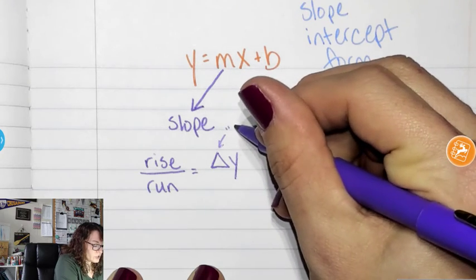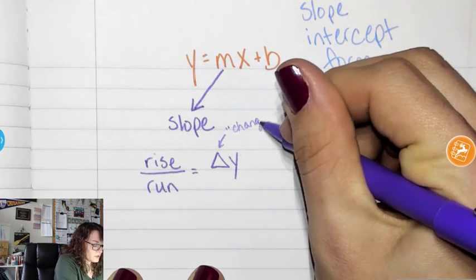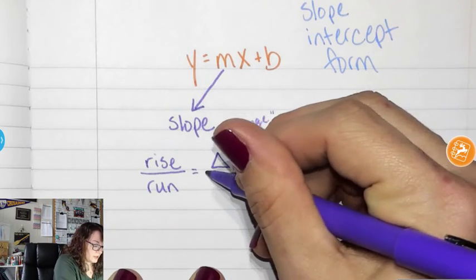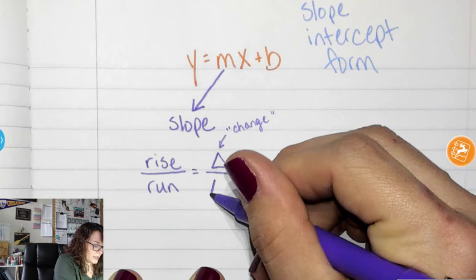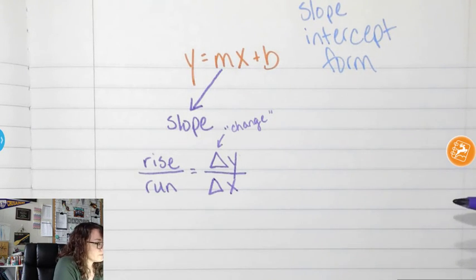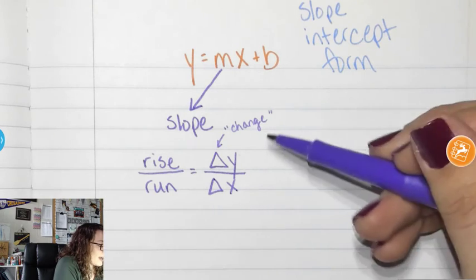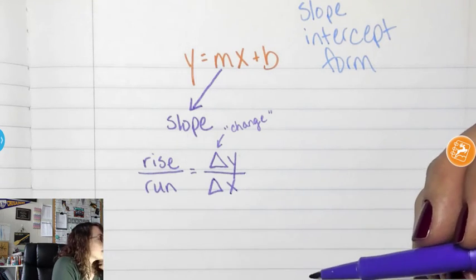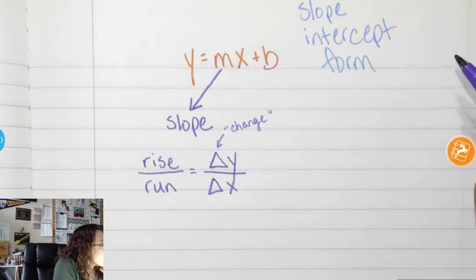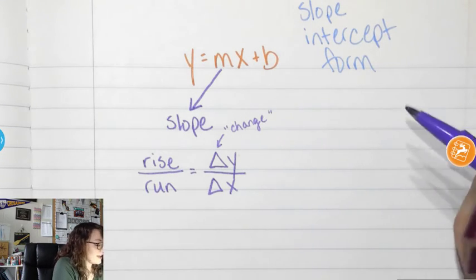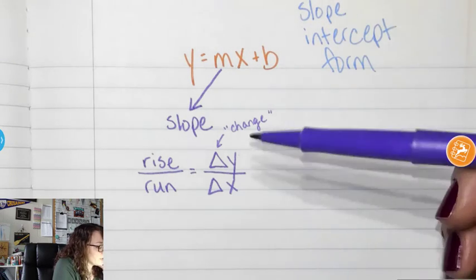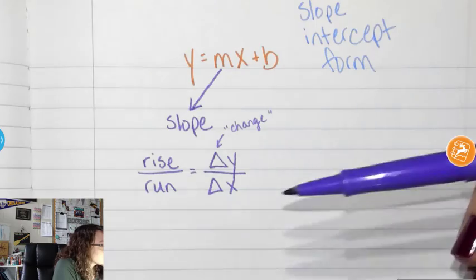It stands for change. So how much is Y changing over how much is X changing? Y's over X's. What else have we done lately where you put Y over X like that? The K. Yeah, K, constant of proportionality, when you put your Y over X.